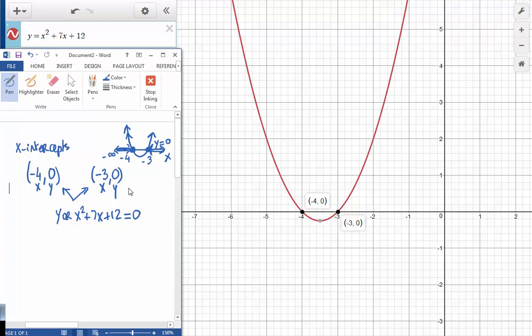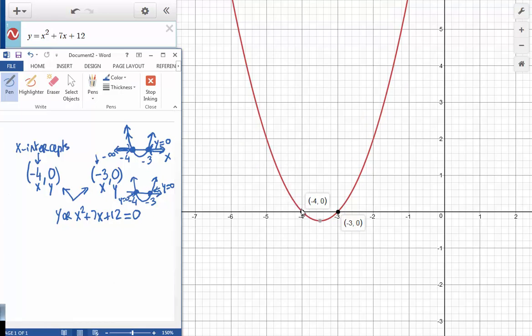Do remember that when x is specifically -4 and when x is -3, for those two x values, because they correspond to those points, y is 0. Now let's do the following.